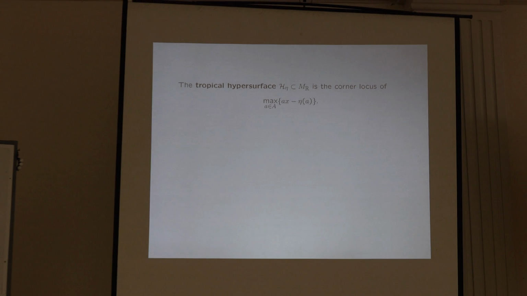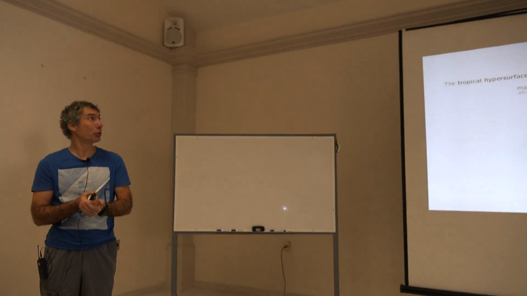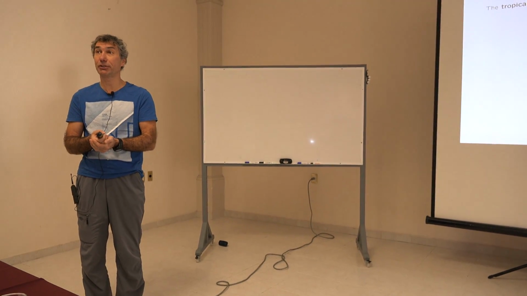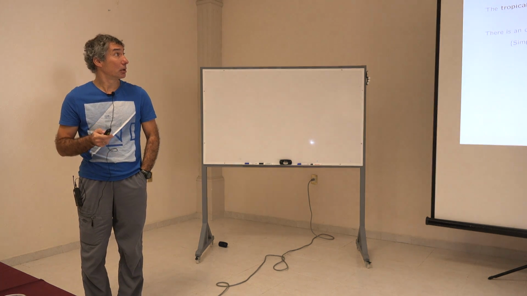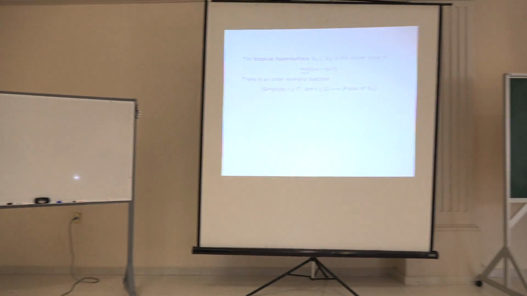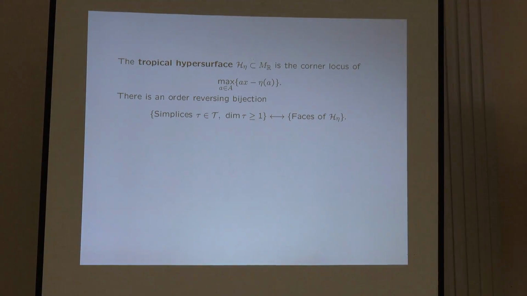It bends somewhere, and this is the corner locus. This corner locus is the tropical hypersurface. In the story, there is an order reversing bijection between the faces of the tropical hypersurface and the faces of your triangulation. I'll give an example in a second.